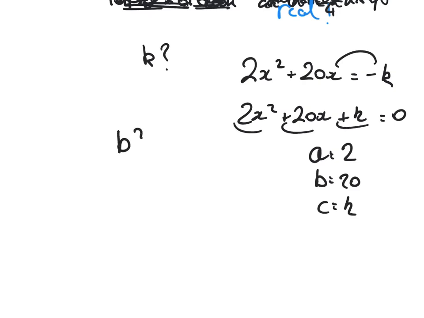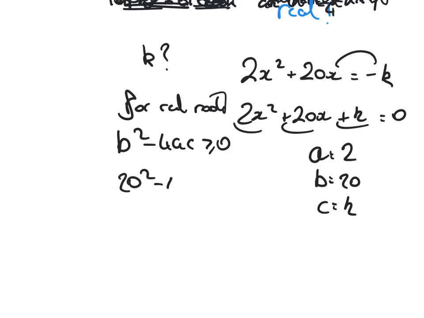So for real roots, I know that the discriminant is greater than or equal to 0. So that's true for real roots. Okay, so 20 squared minus 4 times 2 times k is greater than or equal to 0.